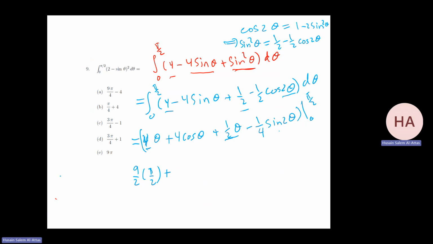Sine 2 times pi over 2 is sine pi, which is 0. Gone. Now minus: at 0, cosine 0 is 1, this is 4. Sine 0 is 0. That's it. So I have 9 pi over 4 minus 4.